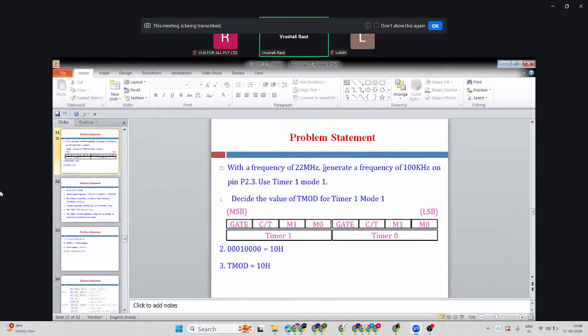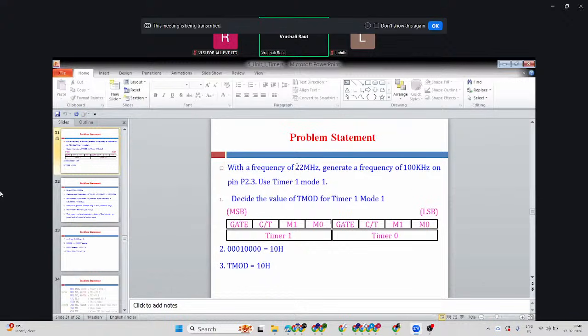Instead of 11.0592, we are taking 22 megahertz. Generate a frequency of 100 kilohertz on pin P2.3. Use timer 1, mode 1. This is the problem. If you want, you can note down this statement. Today we'll just discuss TMOD and TCON, and later on we'll go for generating that frequency.